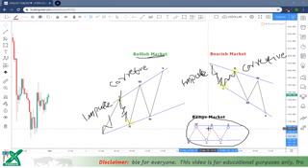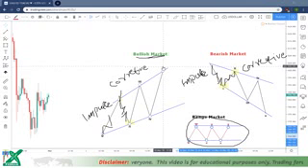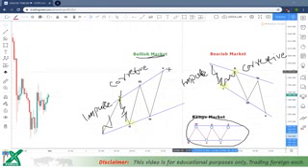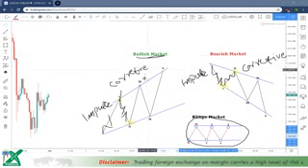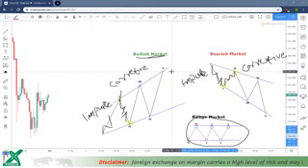If you are an investor, you follow the long-term trend, and if you are a simple swing trader, you trade from one swing to another swing in the consolidative market. So that was the basic concept about bullish and bearish market structures, and also the range market, which is also known as a consolidative market.